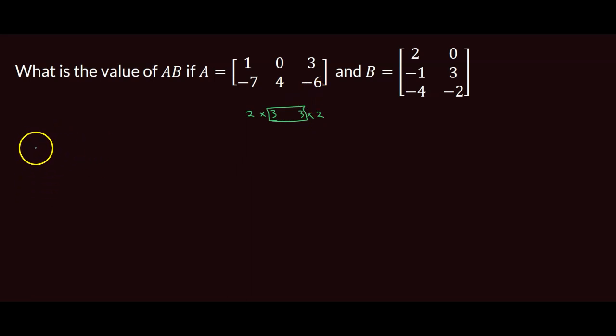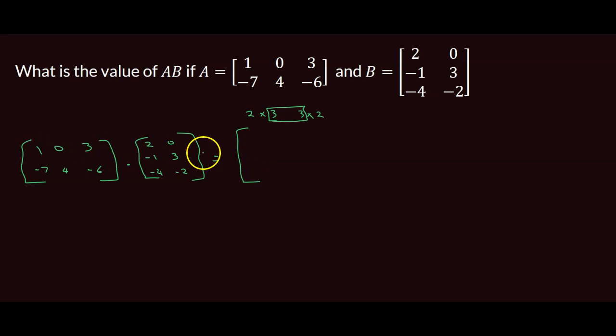I always have a habit of writing out what I'm doing. So it's going to be 1, 0, 3, negative 7, 4, negative 6. And then we're multiplying this by 2, 0, negative 1, 3, negative 4, negative 2. So we're going to start off by going row here and multiply by column. So let's pick out this row over here.